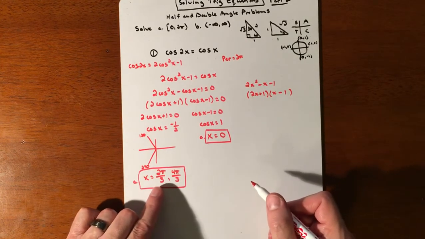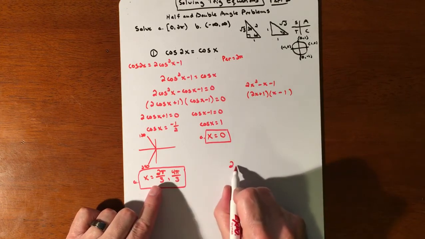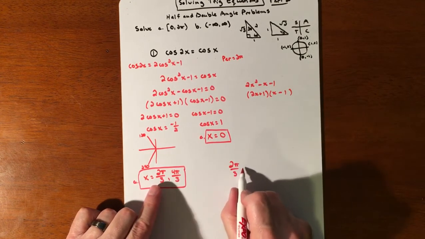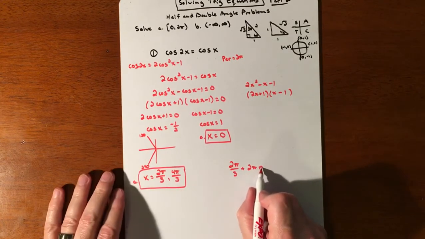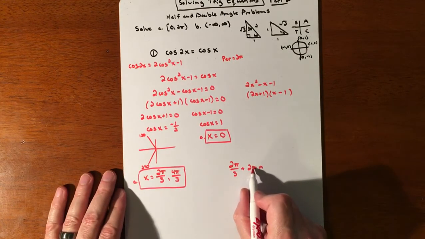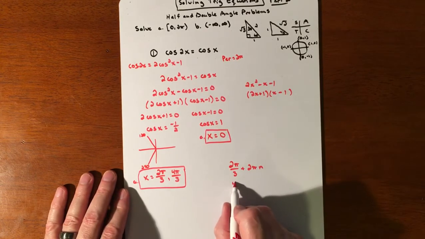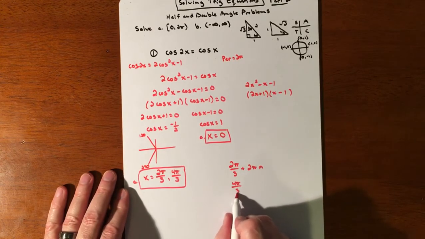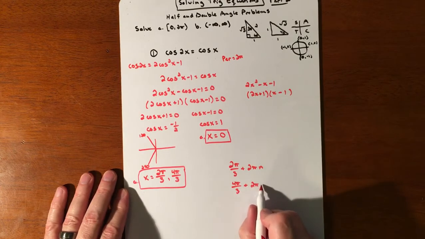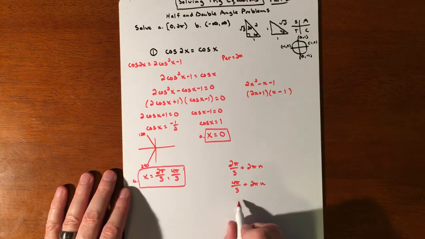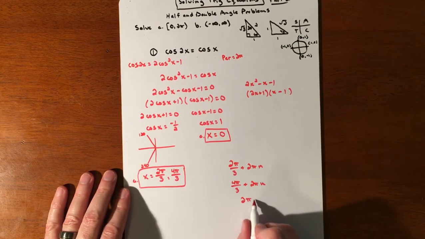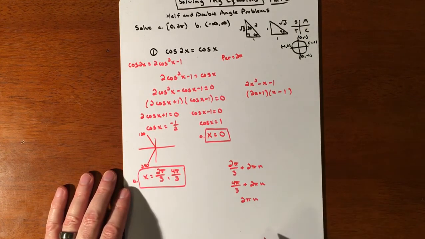So we have 2 pi over 3 plus 2 pi n. So an infinite amount of these coterminal 2 pi's. 4 pi over 3 plus our period times however many of them. And then just 2 pi n. We don't need to add 0 to it.